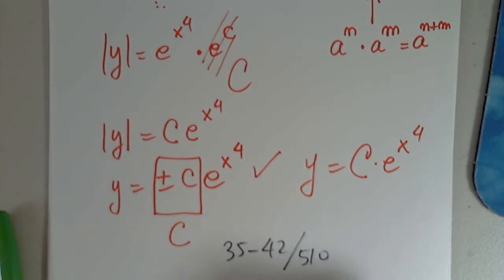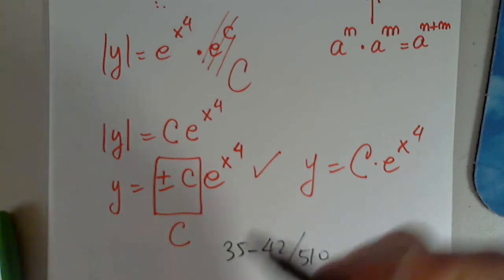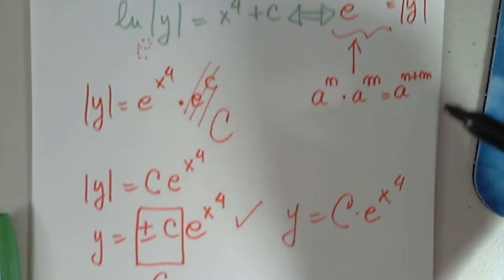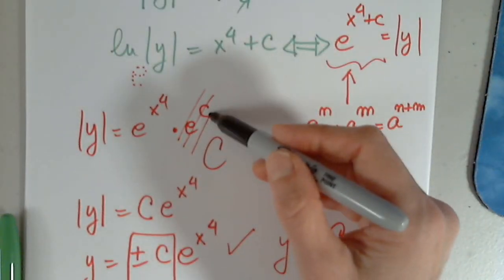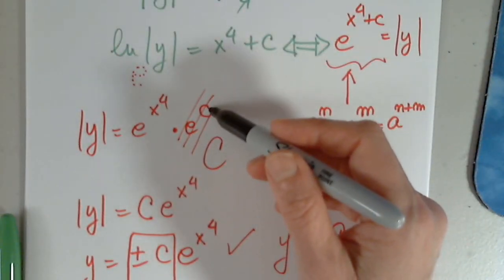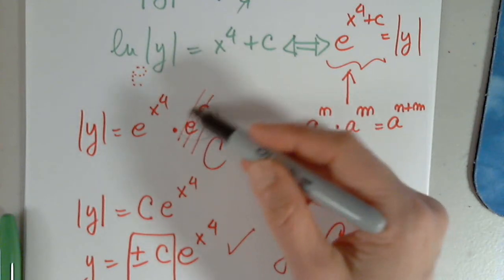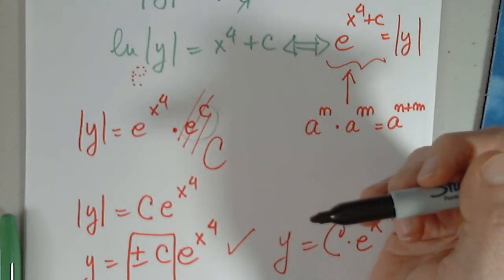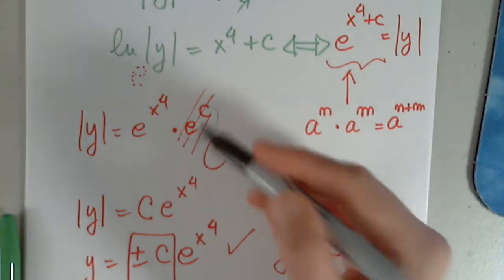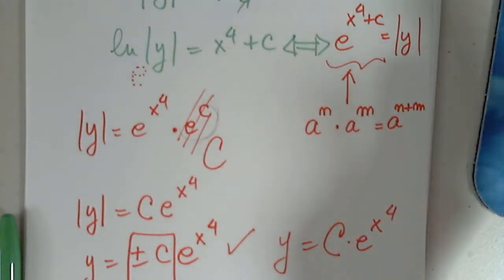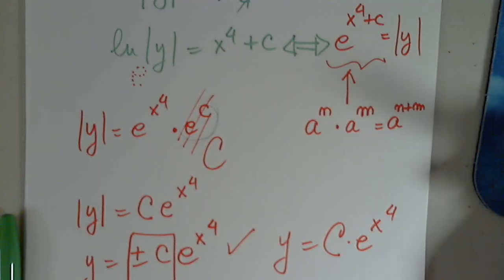Yes, which one? How did you get a constant c from e to the c? This one? Yeah. This is e to a constant. So if you give me c, this will always be a number, right? Oh, okay. This is the base, which is e, 2.7 and so on, and then c is a constant.